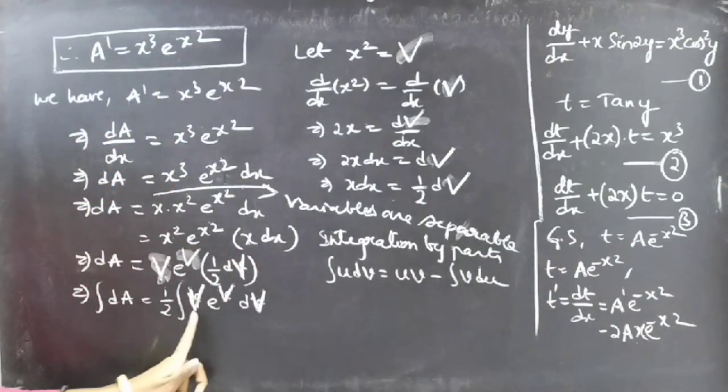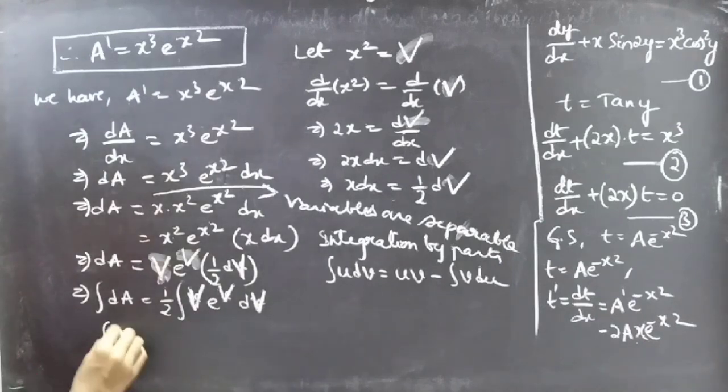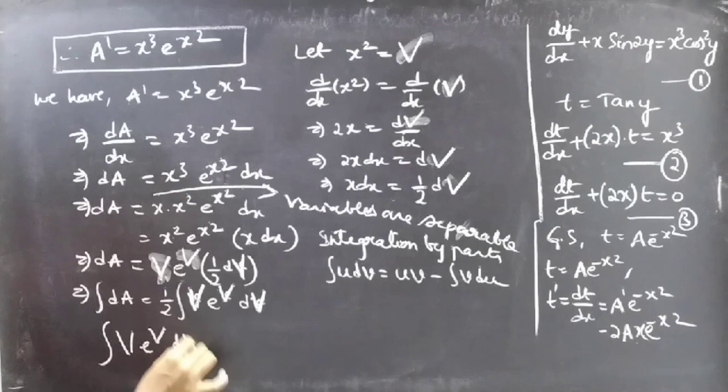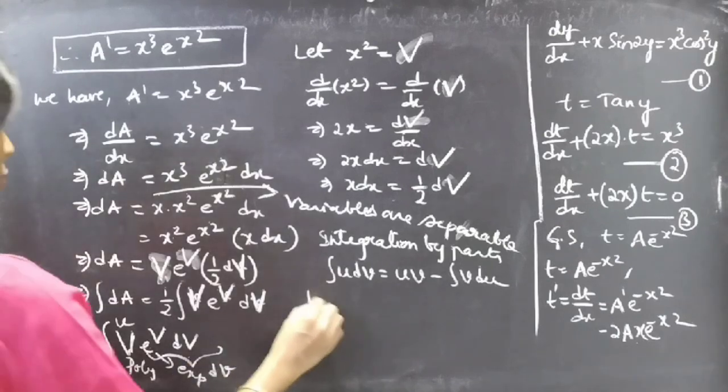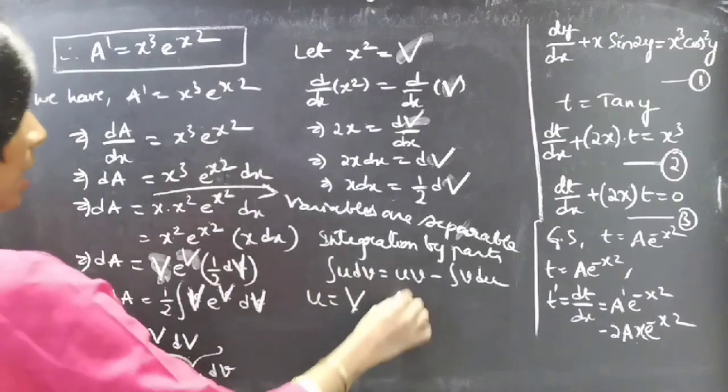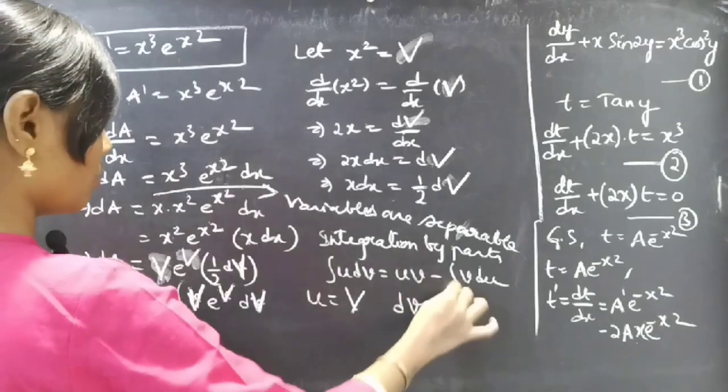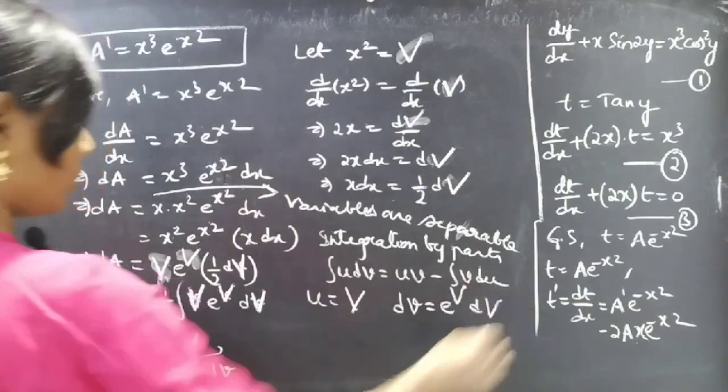Here we have integral v into e power v dv. The integrand is of the form product of polynomial function into exponential function. Let's consider the polynomial function as small u and the remaining part as small dv. Okay, u equal to capital V and dv equals e power v dv.